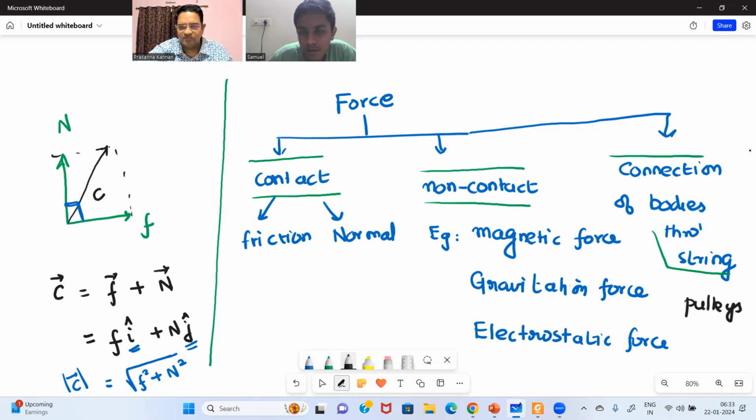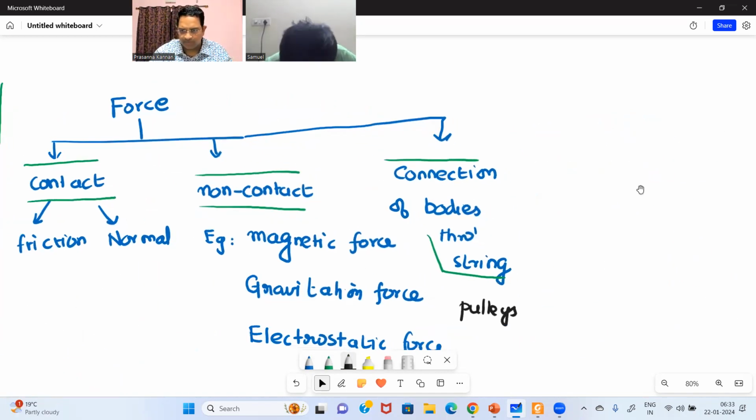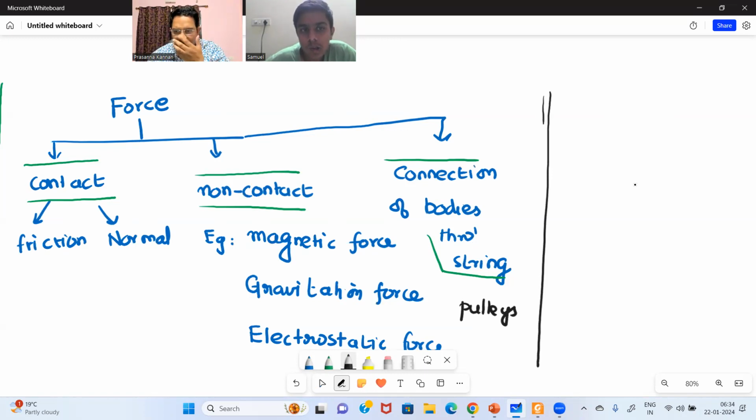These are typical questions asked on connection of bodies. We will quickly look at the pulley. Before that, we can solve one question. I think you must be ready to solve a question that was asked in the CBSE model paper. We'll discuss that question and then come back, okay?